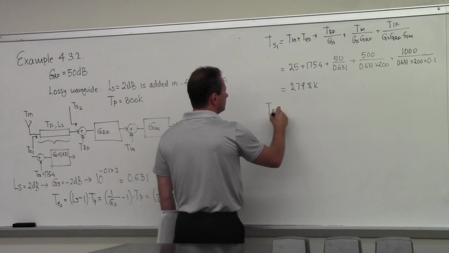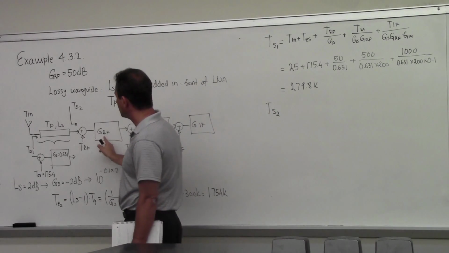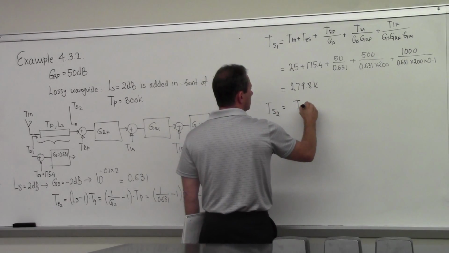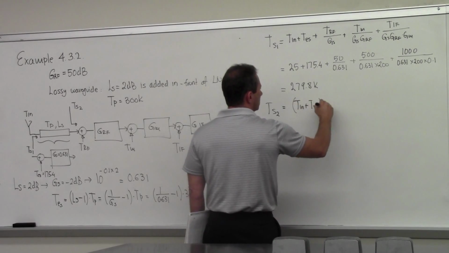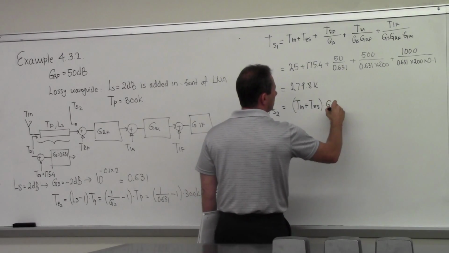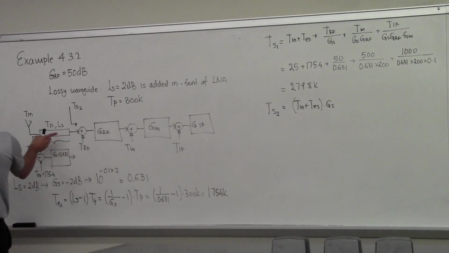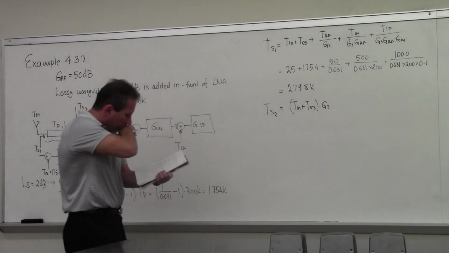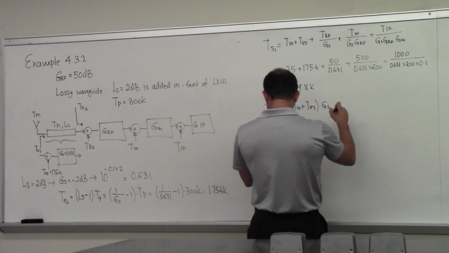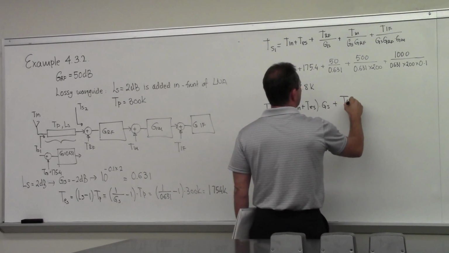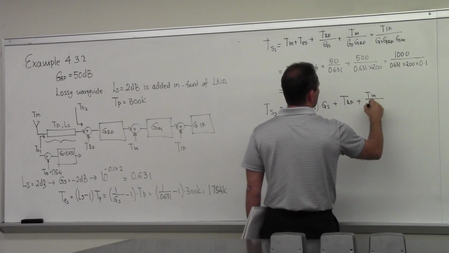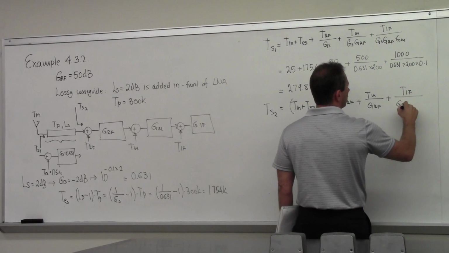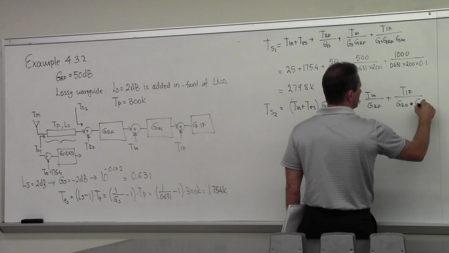If you reference everything at the input to the RF stage, then instead of T in, you have T in plus TES times the gain of the waveguide. That's the new T in. That's the temperature of whatever is coming this way. And then plus TRF, plus TM over gain of the RF, plus TIF over gain of the RF times the gain of the mixing stage.